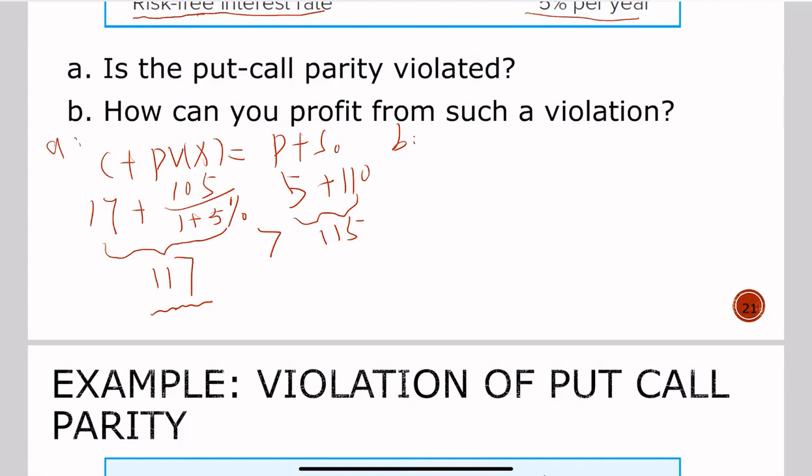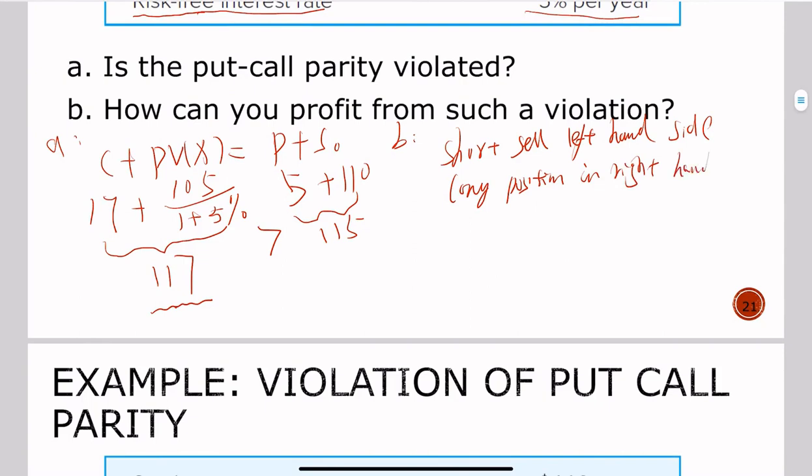Okay, maybe let me write it here. So you will actually short sell the left-hand side, right? And you will take a long position in this right-hand side. Of course, you can see that this is bad English because you cannot short sell a left-hand side.